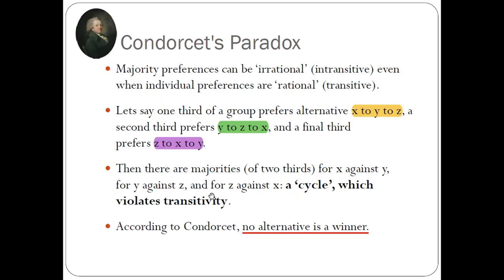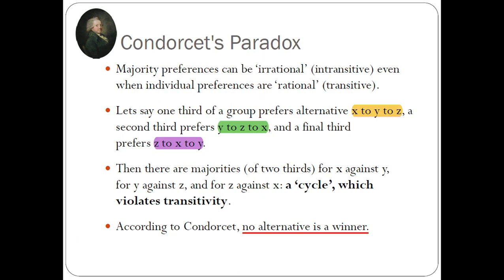Okay. So for the Condorcet paradox, majority preference can be irrational or intransitive even when individual preference are rational or transitive. Okay, let's say one third of a group prefer alternative X to Y, Y to Z, and then a second third prefer Y to Z, Z to X, and a final third prefer Z to X, to Y. Maksudnya berbeza lah. Walaupun satu kumpulan tapi dia punya preference ataupun alternatif tu berbeza.